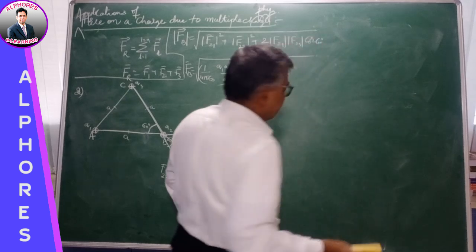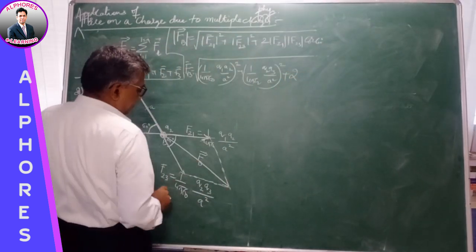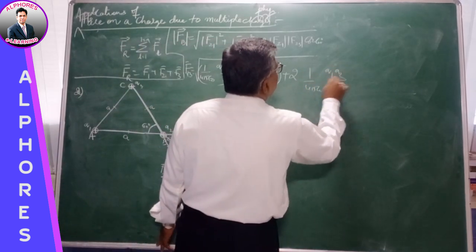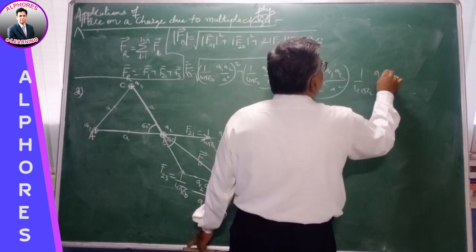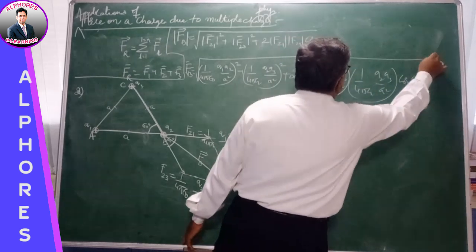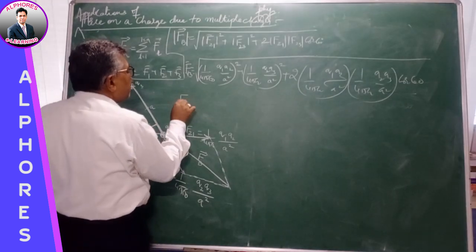So that is 2 times 1 by 4 pi epsilon naught q1 q2 by a square, times 1 by 4 pi epsilon naught q2 q3 by a square, cos 60 degrees. This is the result.